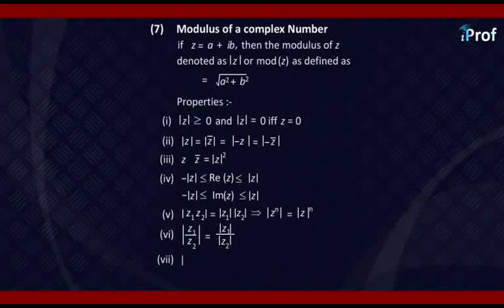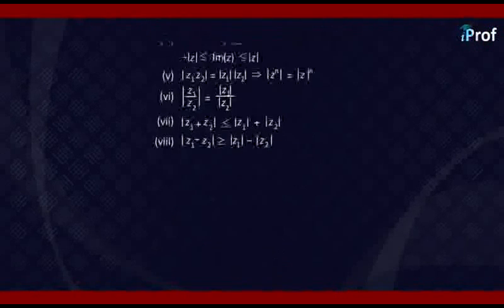Next, modulus of z1 plus z2 is less than or equal to modulus of z1 plus modulus of z2. This is also called triangular inequality. Next, modulus of z1 minus z2 is greater or equal to modulus of z1 minus modulus of z2.